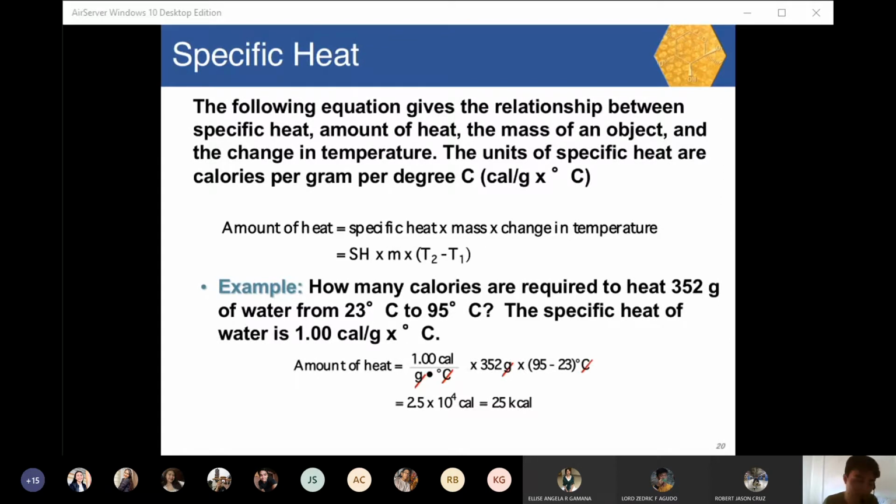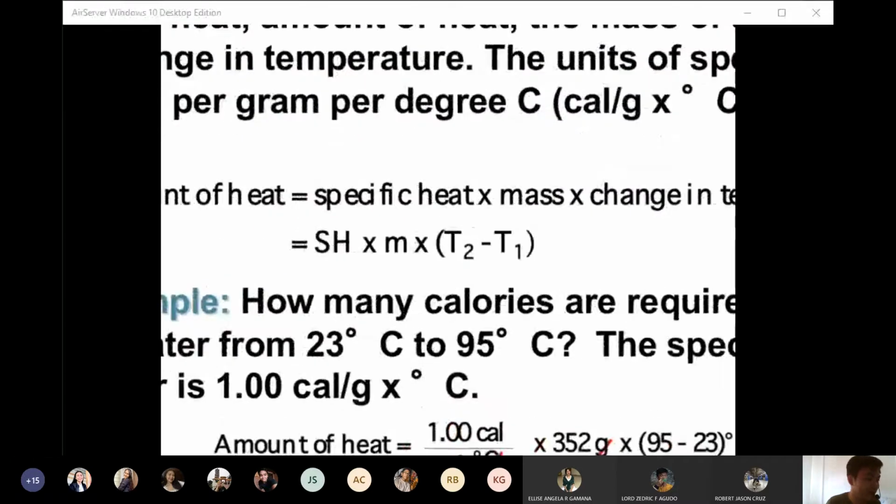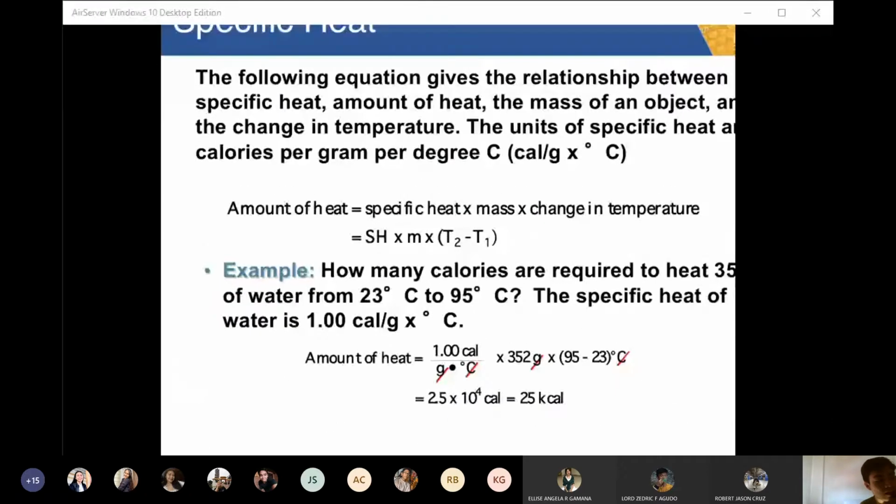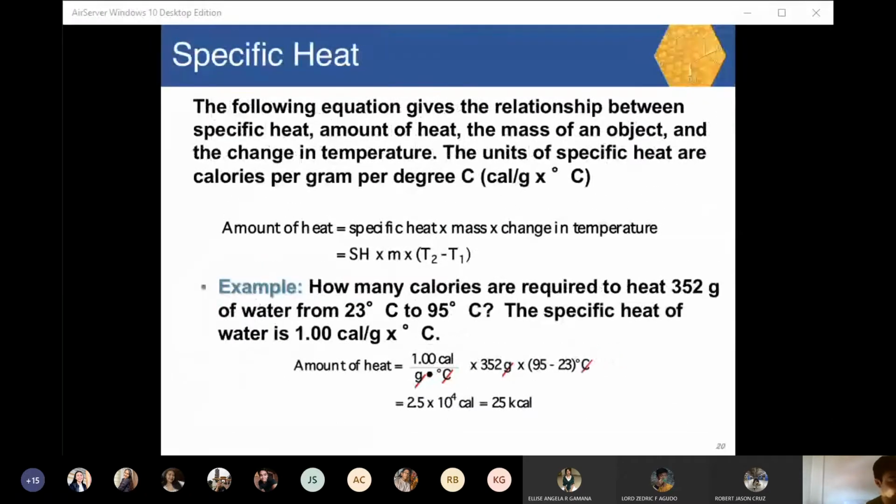I don't like the way they write the formula here, but I'll just write it myself. So if you want to solve for the amount of heat, the formula to be used is Q equals MC delta T. You're probably familiar with this from Gen Chem, right?